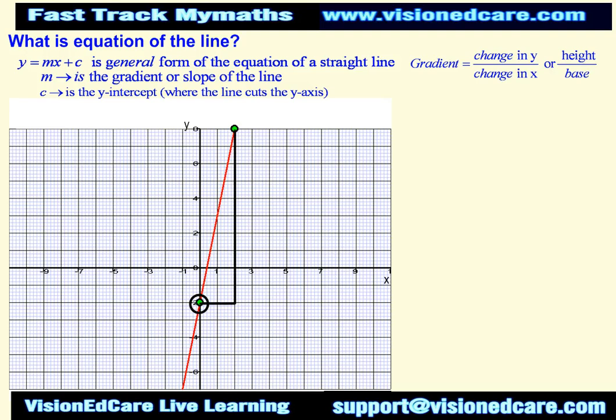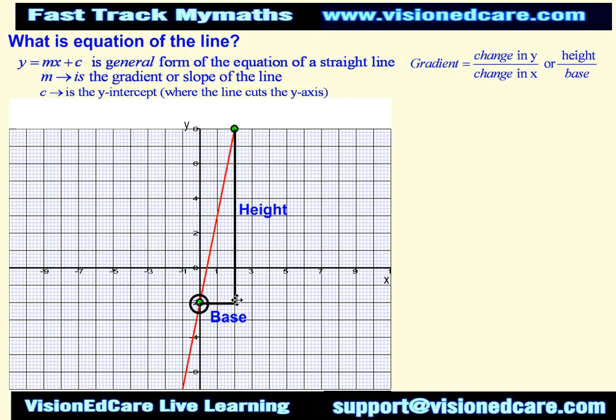To determine the gradient from that, you identify the height of the triangle, which is the change in y value, and the base of the triangle, which would be the change in x value.